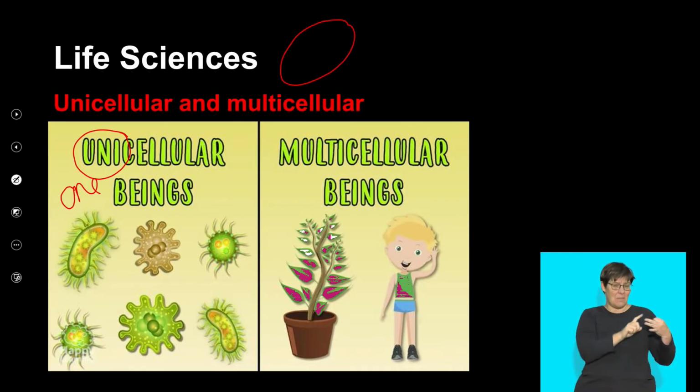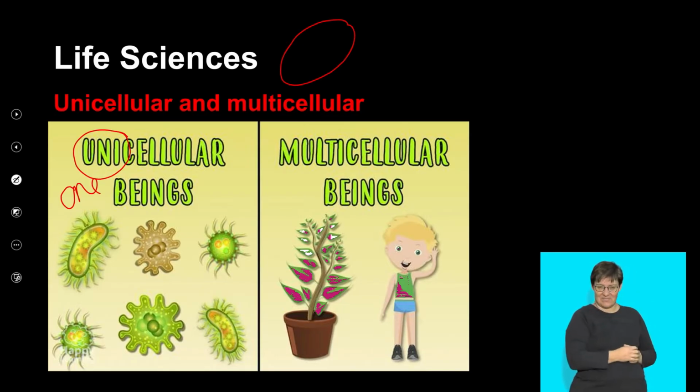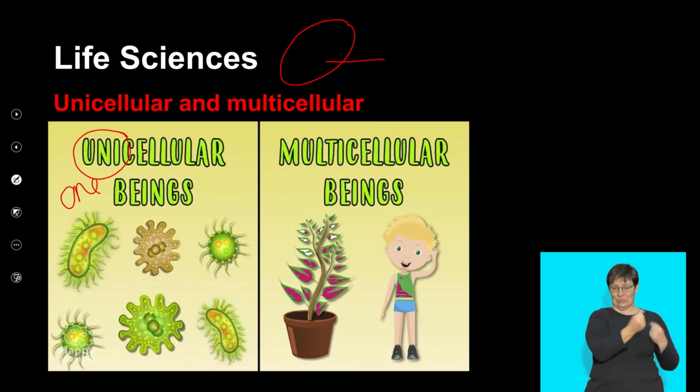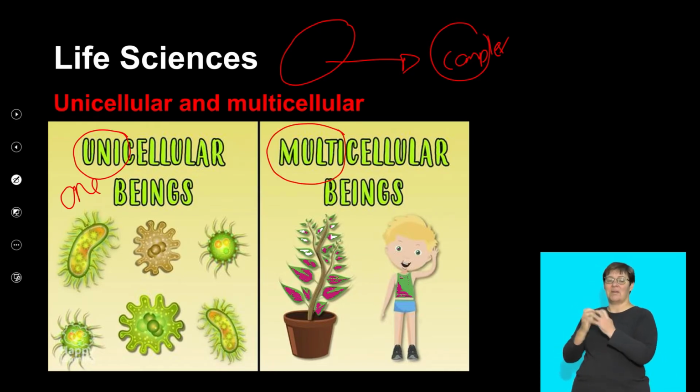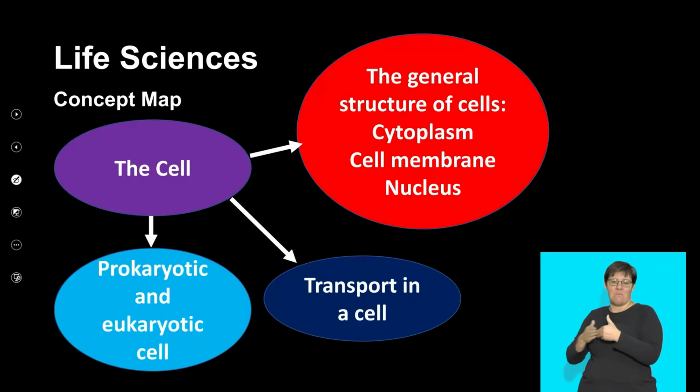One single cell is enough for it to be a living organism. It undergoes all those life processes of Mrs Gren. However, again, what did we know? Things usually went from simple to more complex. And with that complexity, we made organisms that are multicellular like us. We've got lots of cells that are put together because they need to do more.